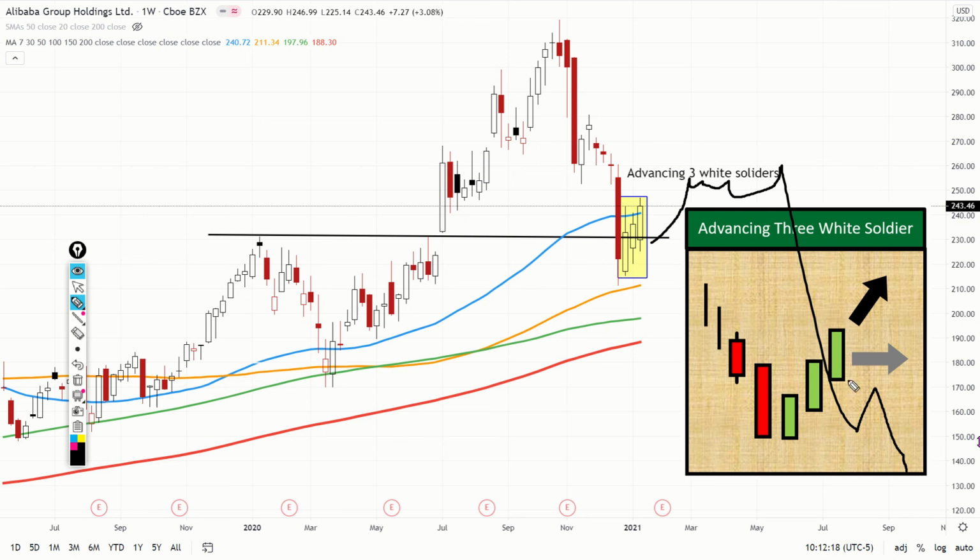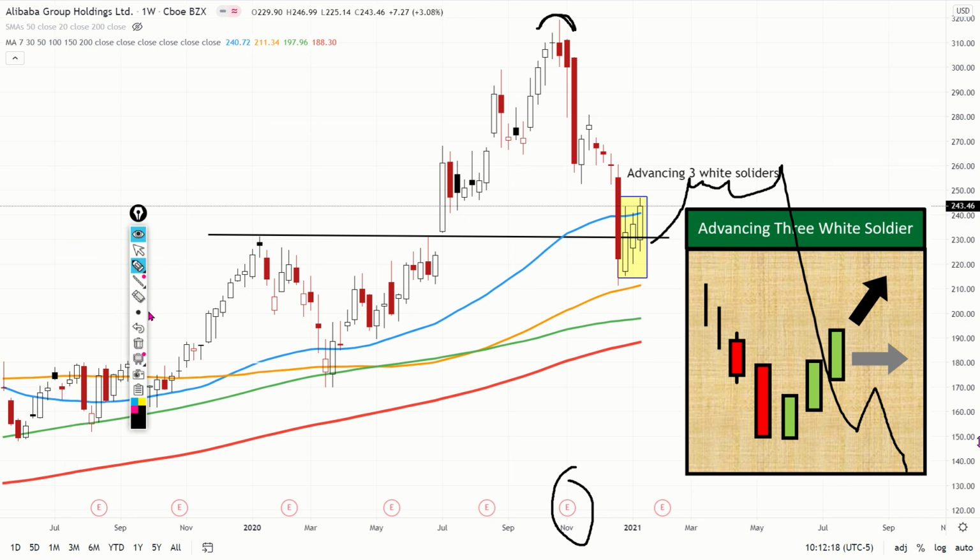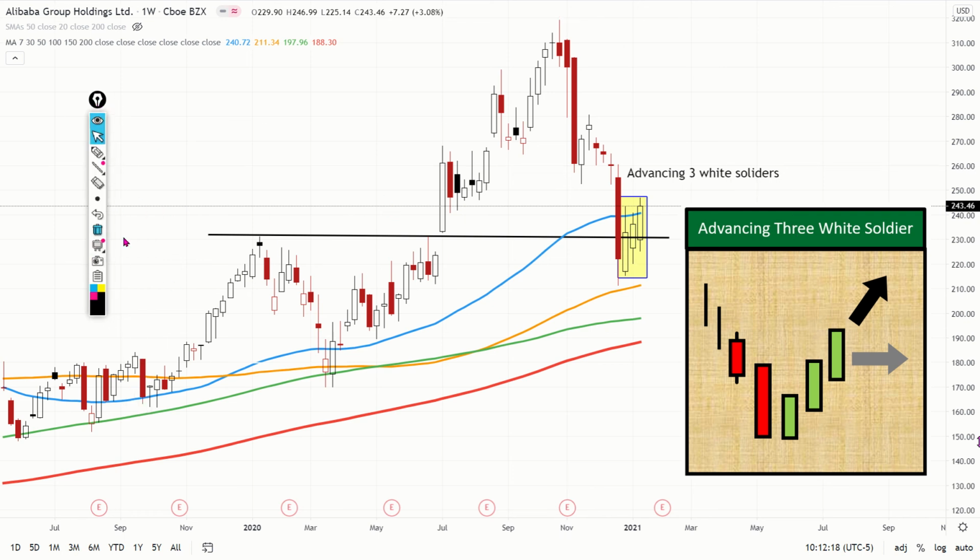It has been almost from this November to August now, more than 9 months since going down from this top right here. So I'm still holding on to this and buying more. Fundamentals are doing great, so I'm not going to worry that much. It's going to go up again.